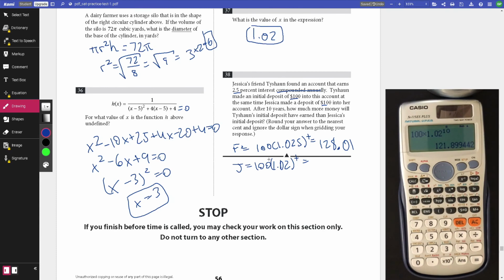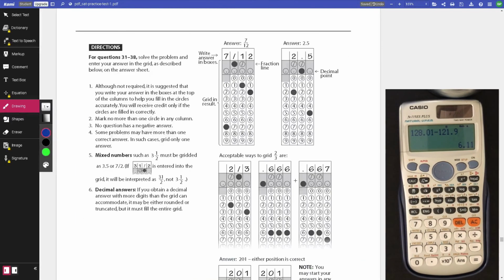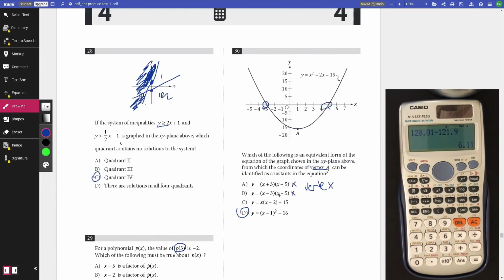The answer on the calculator is 121.90. And when you subtract it, you can do that on the calculator: 128.01 minus 121.9, 6.11, and that is your answer. And that is all for the calculator section of the first official SAT practice test.